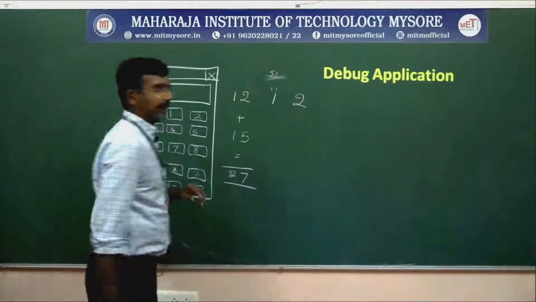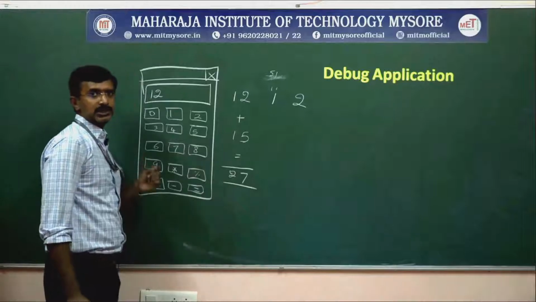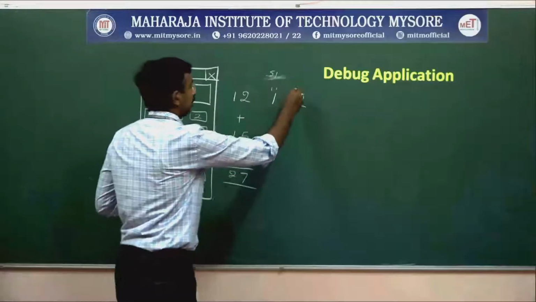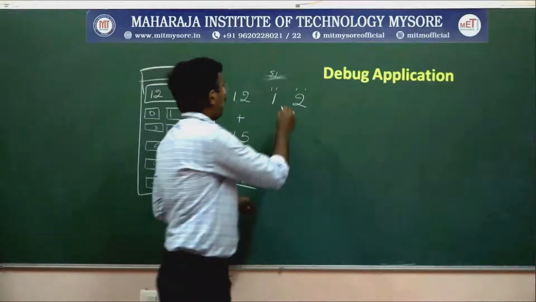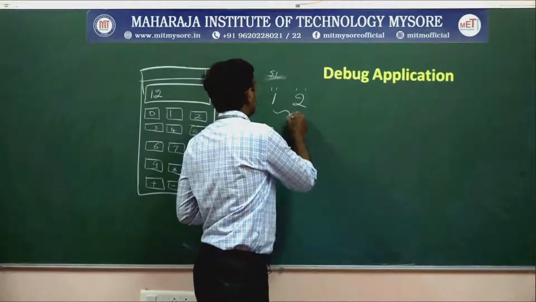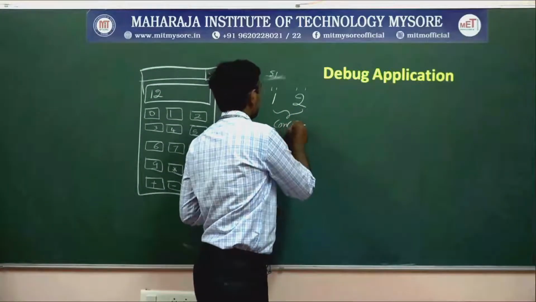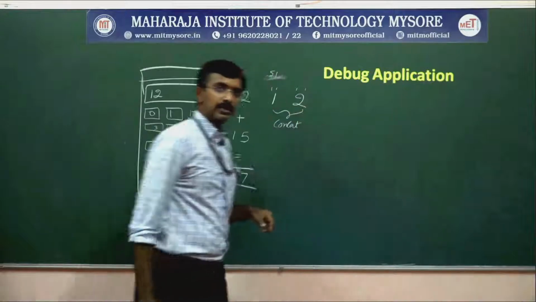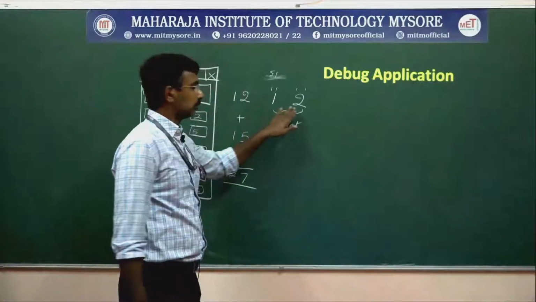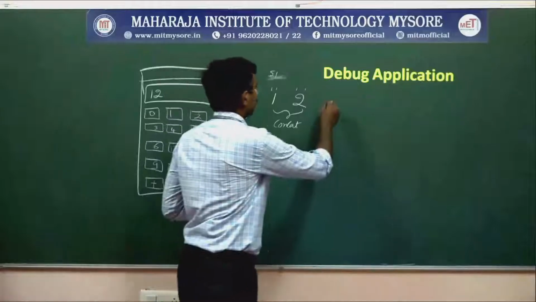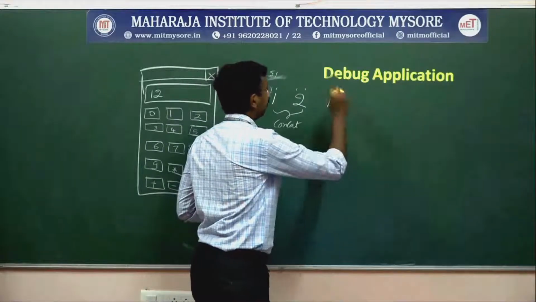Next, you want another digit to be added, so you will be typing 2. Now you are supposed to concatenate these two. Concatenate means you have to join two strings. So the output is 1 and 2.